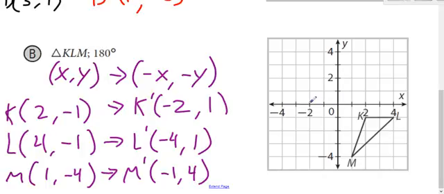So -2, 1, that's K prime. -4, 1, that's L prime. And -1, 4, that's M prime. And if you rotate it 180 degrees, turn your paper upside down, basically, it would match up. It would look the exact same.